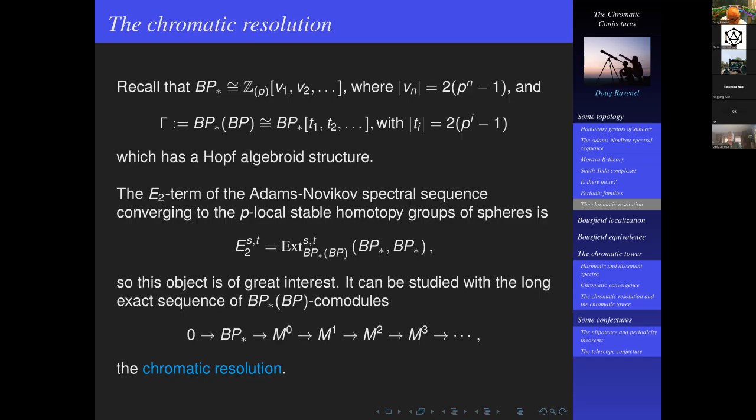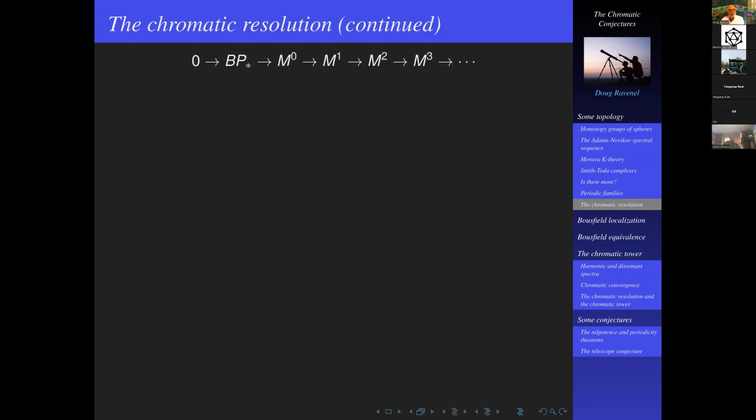Now, it turns out that the way to study this is to look at a certain long exact sequence called the chromatic resolution, and I will say more about this in a moment. So the long exact sequence starts with BP star. It gets included into a larger gadget called M upper 0, and then that maps to M upper 1 to M upper 2 and so forth. And this is a long exact sequence.